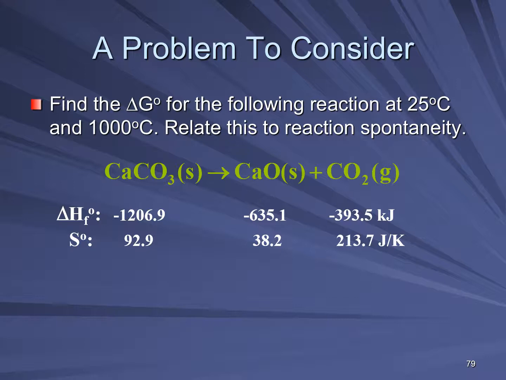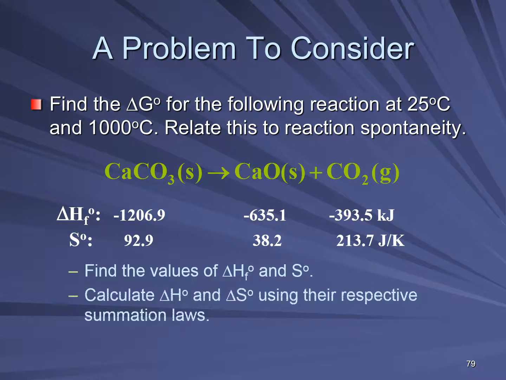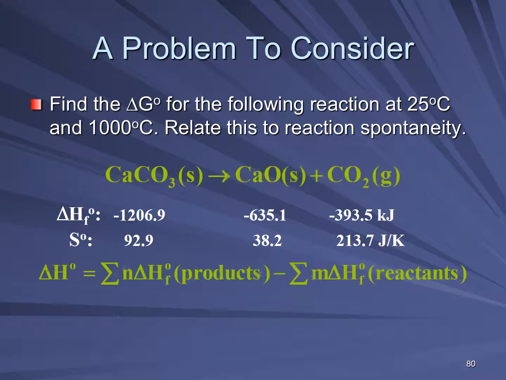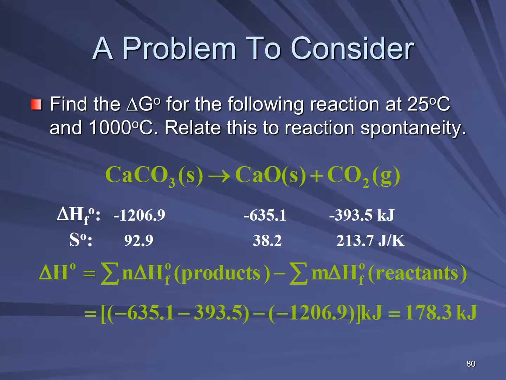All of these have a coefficient of 1, so we just add up the products and subtract the reactants. So delta H, products minus reactants, is negative 635.1 plus negative 393.5, minus a negative 1206.9, which gives us a delta H value of 178.3 kilojoules.